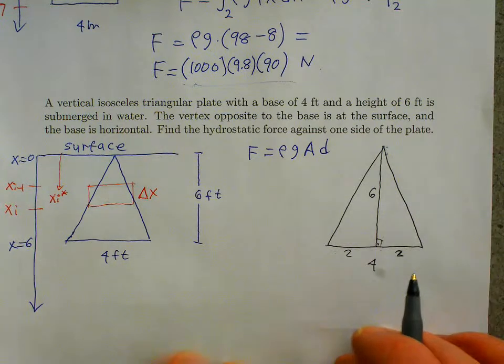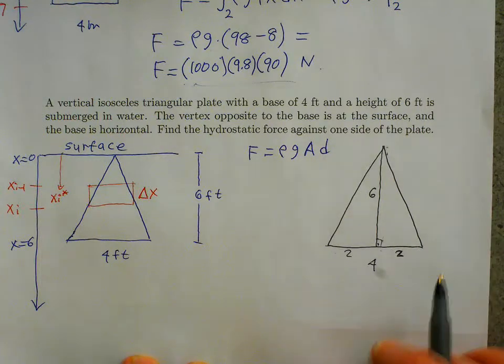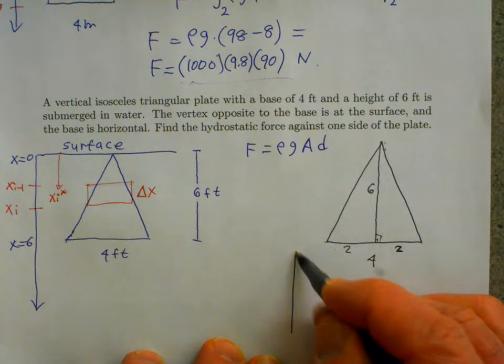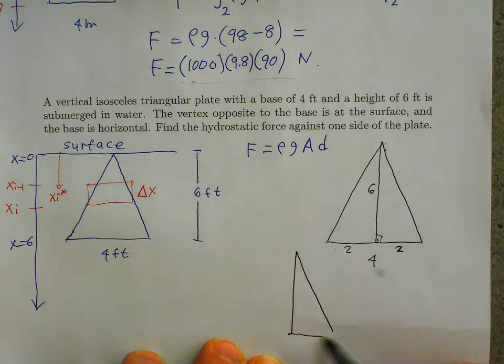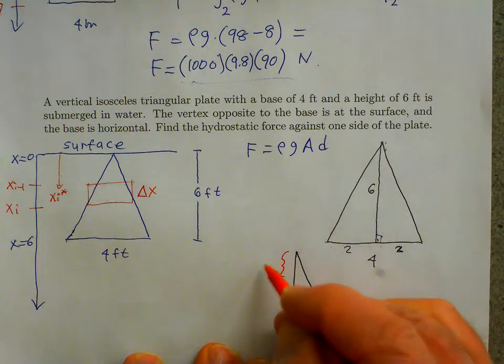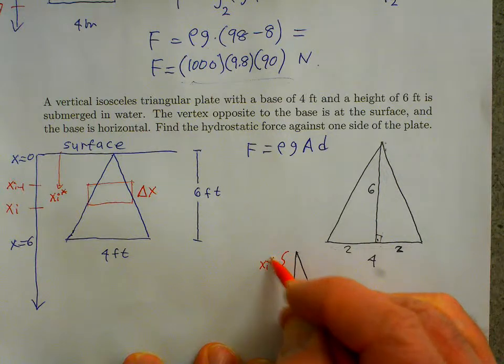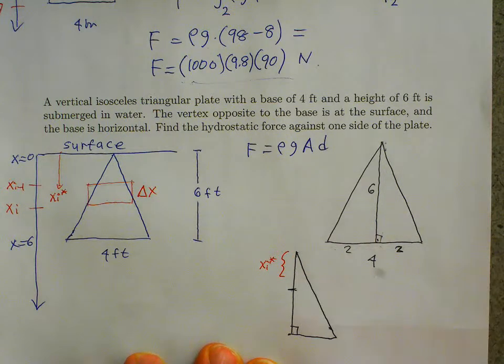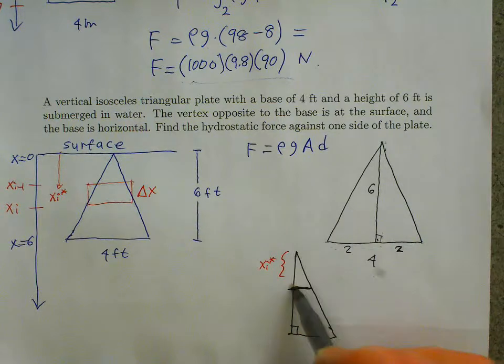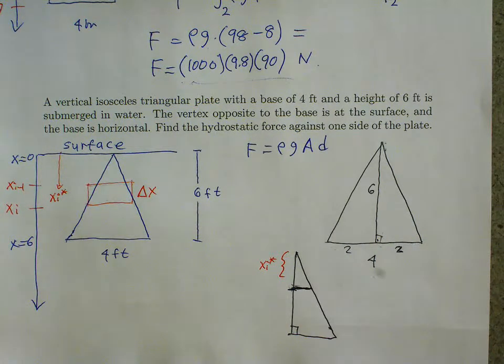Okay, so at a depth of x sub i star, we want to know what the length of this side is of that small triangle.